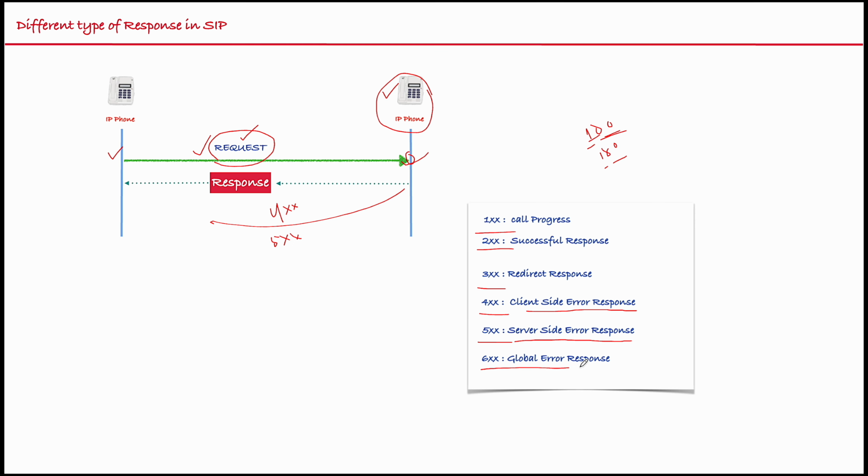The 6xx response, we call it the global error response. Global error response means, let's say this phone is connected with the voicemail services. Also, it has logged in with the voicemail services.